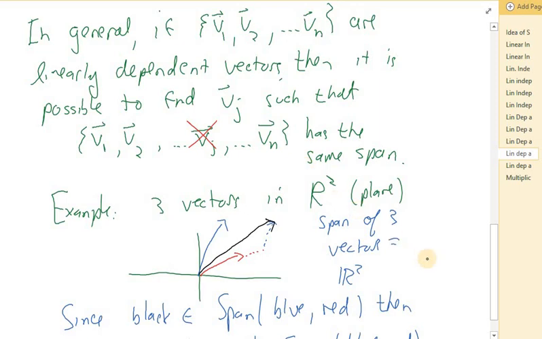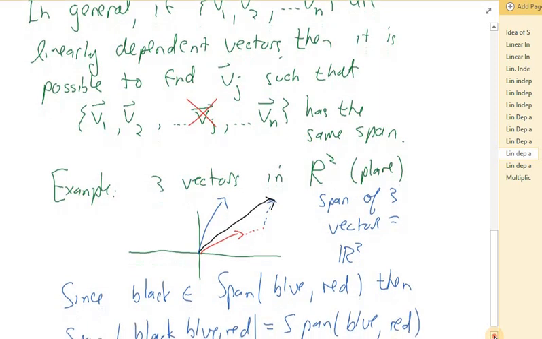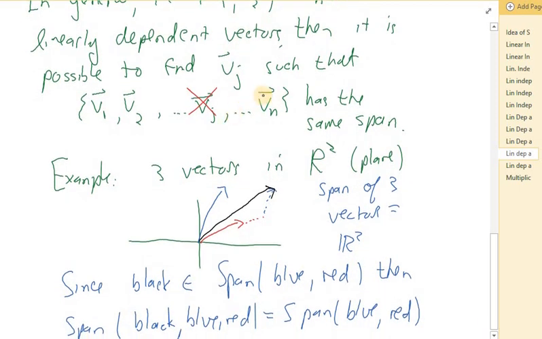Geometrically, you can understand what this means. Suppose you have 3 vectors in R2, where R2 is the plane. Okay? So here are my 3 vectors: red, blue, and black. Now, this black is a linear combination of the red and the blue. You can see I've kind of made my parallelogram here. I've scaled up the red, and then this is parallel to the blue.